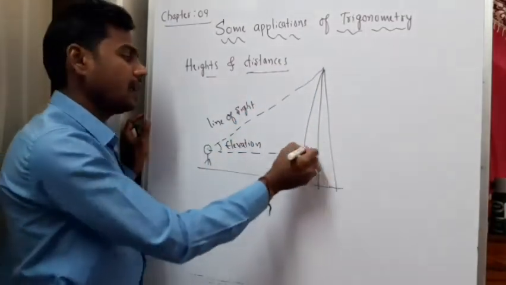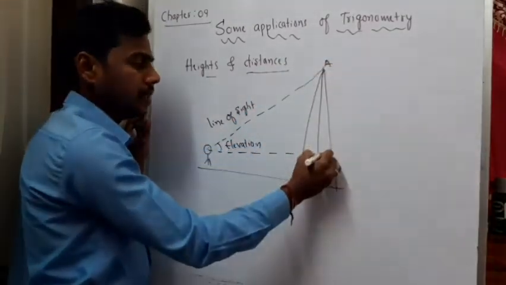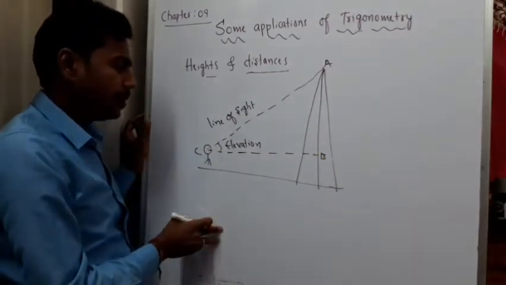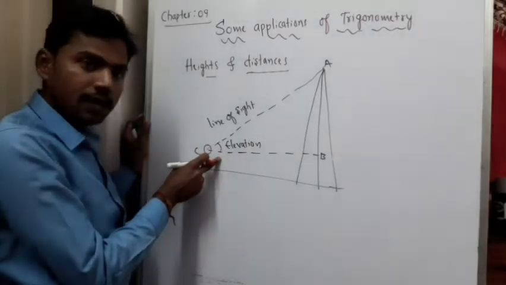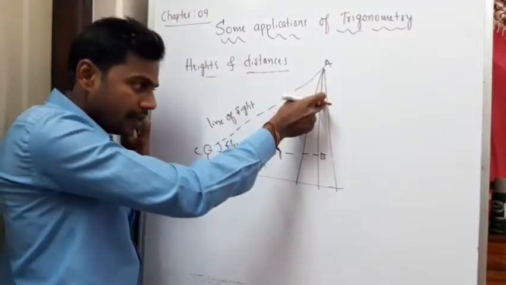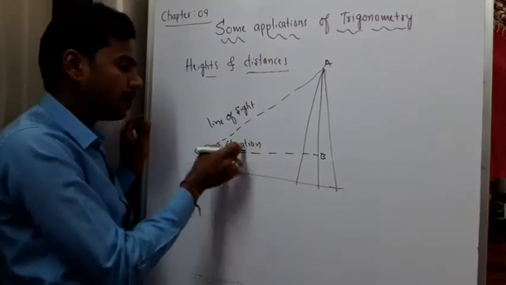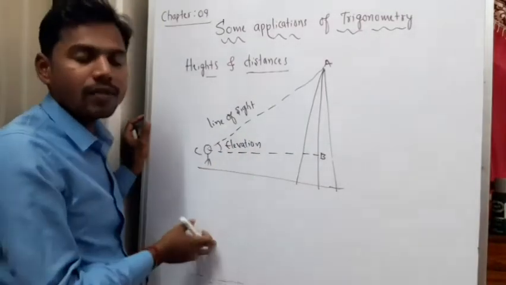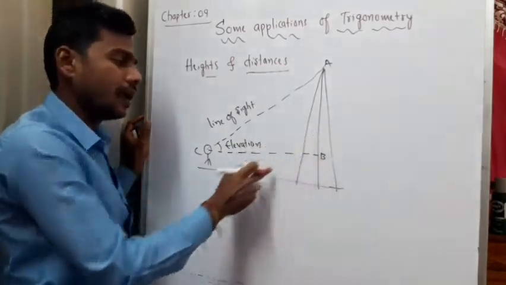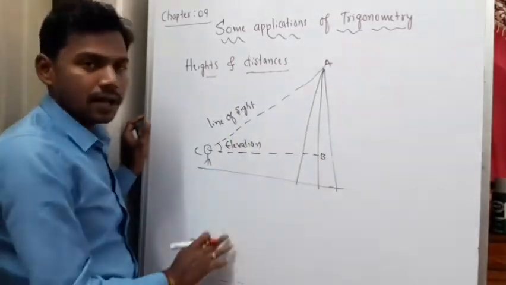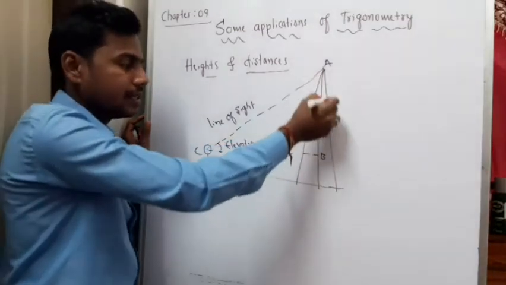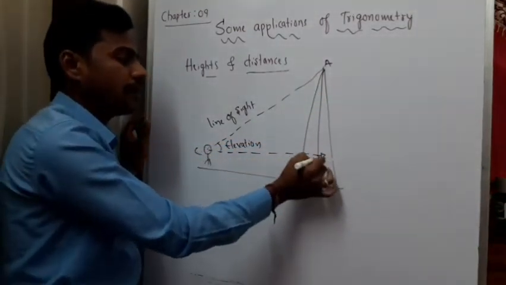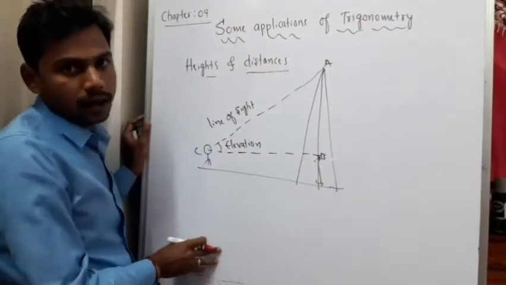Suppose this is A, this is B, this is C. Using the tan theta relationship, I know the angle, I need to find this, and I know this. Suppose it is tan 30, I know the value of tan 30, and I will get the relationship between this and this. Then I can find this distance, and if I add this person's height to this distance, I will get the height of the tower.